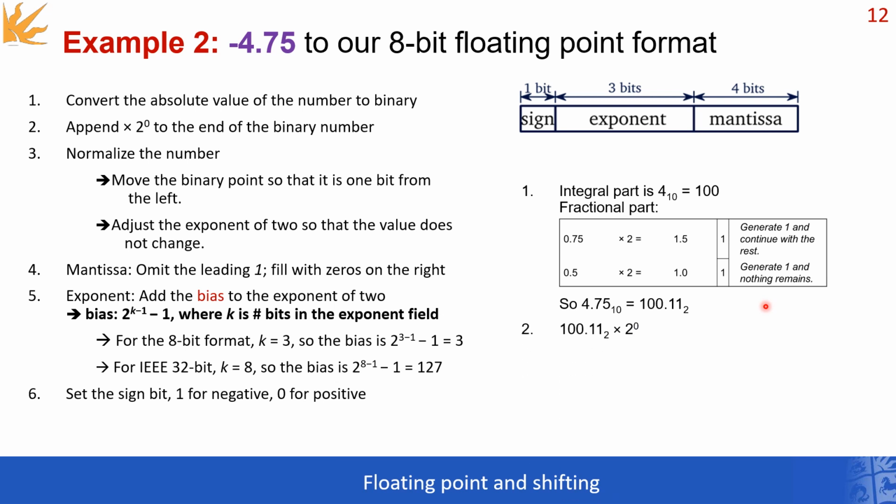Now, the next step is to multiply by 2 to the power of 0 and then do the normalization. If you remember what we said from the previous slide, and if you read again here what we do for the normalization, we need to move the point as many times as needed before the first digit. So in this particular example, we're going to move it 2 places to the left.